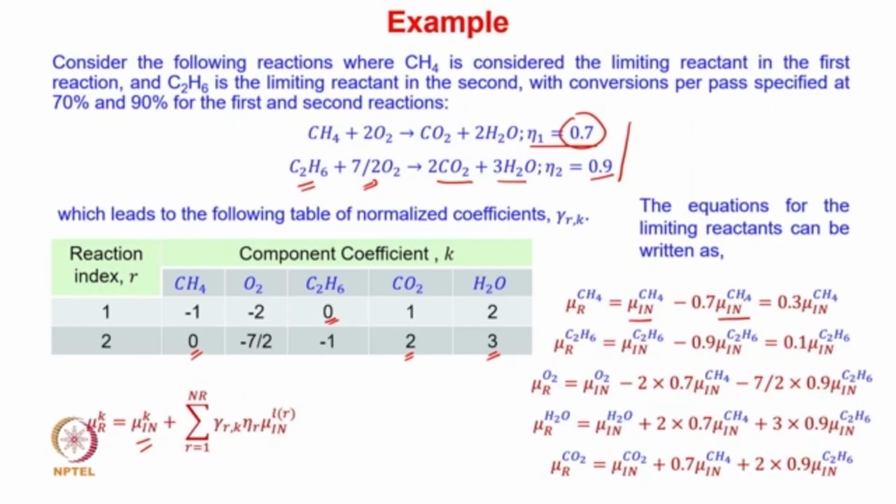So that is what we have obtained. With this the value of mu r CH4 obtained is 0.3 mu in CH4. Similarly, for C2H6, mu r C2H6 is mu in C2H6 minus the C2H6 which is getting consumed by the second reaction with a conversion of 0.9. So that is 0.9 into mu in C2H6. So that becomes 0.1 mu in C2H6.